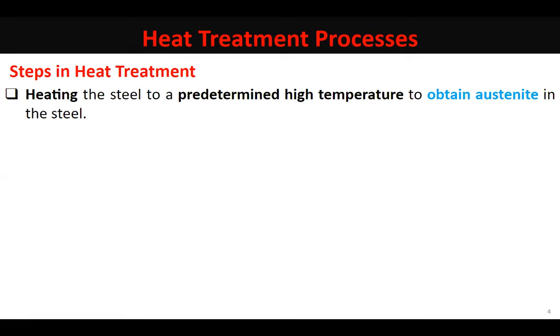But the main purpose of heating the steel to this heat treatment temperature is to get some austenite in the steel. Because the properties of a steel depend upon the microstructure, and the microstructure mainly contains different types of phases, their volume fraction, and their morphology.